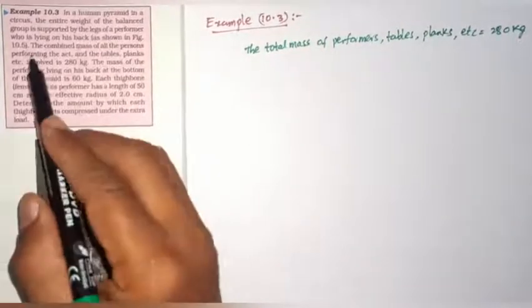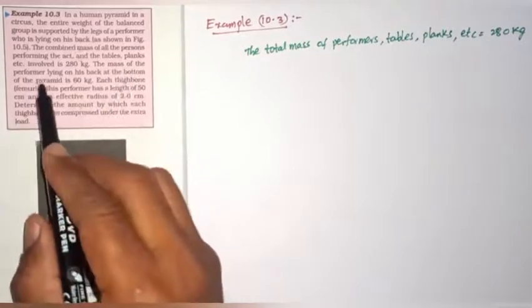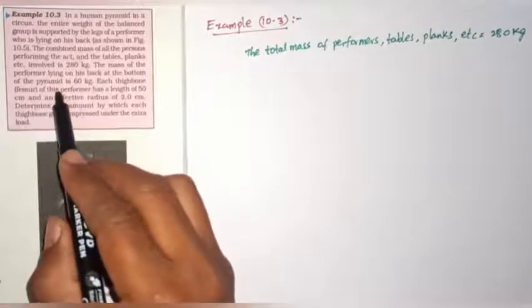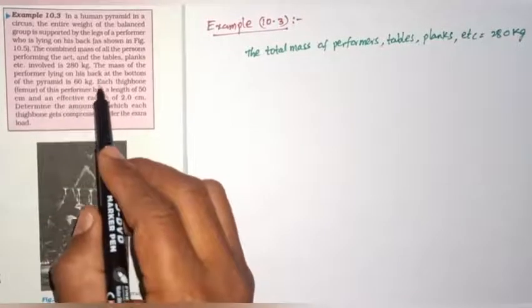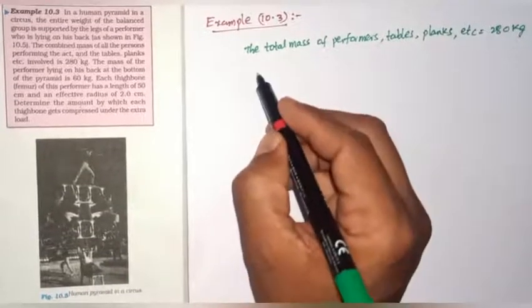Next, the mass of the performer lying on his back at the bottom of the pyramid is 60 kilograms.